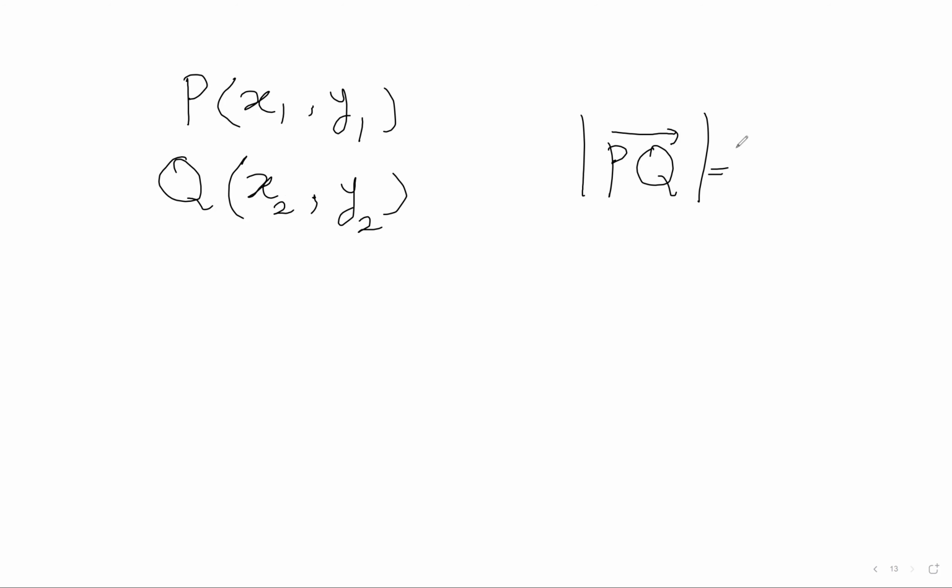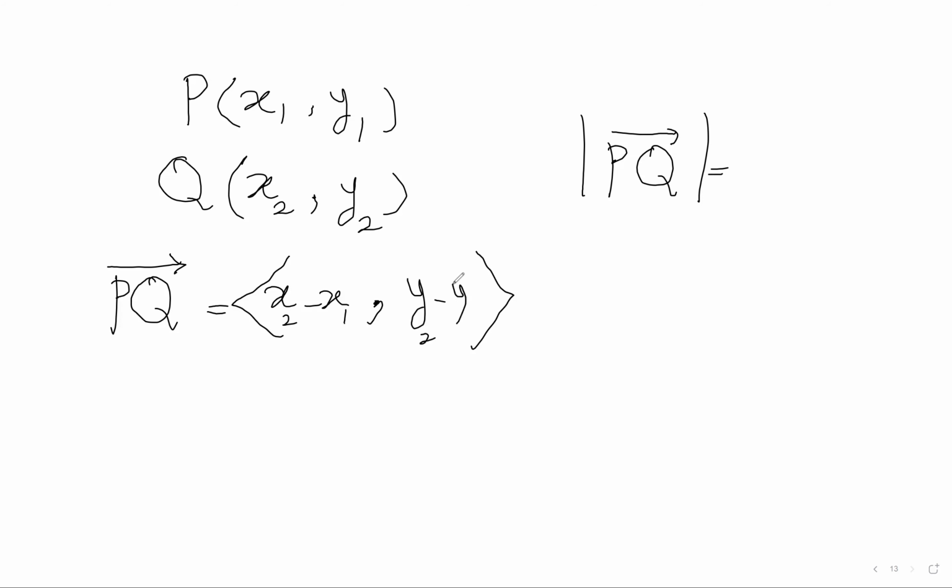First of all, for the vector PQ, I find the equal vector which initiates from the origin, as we have talked about this before. And based on the notes that we discussed before, this PQ is x2 minus x1 and y2 minus y1. And we know how to deal with the length of the vector if it is given in this standard form that initiates from the origin of the coordinate system.